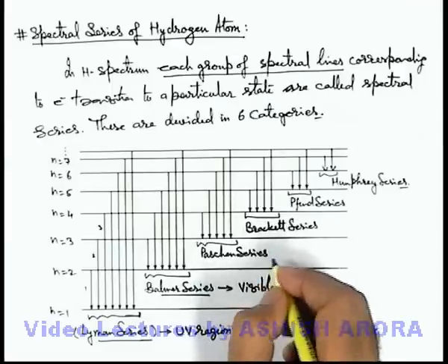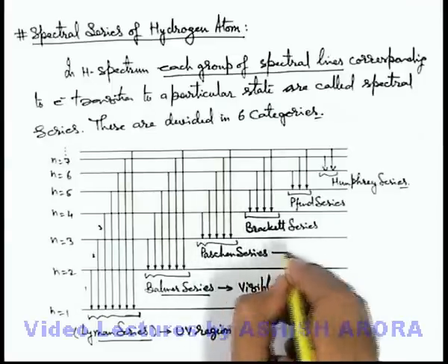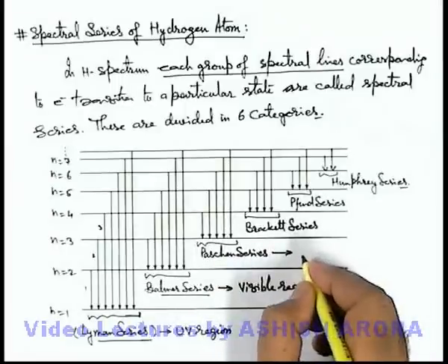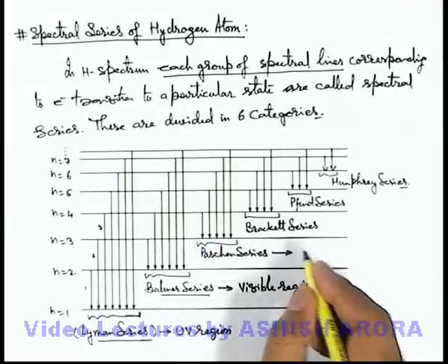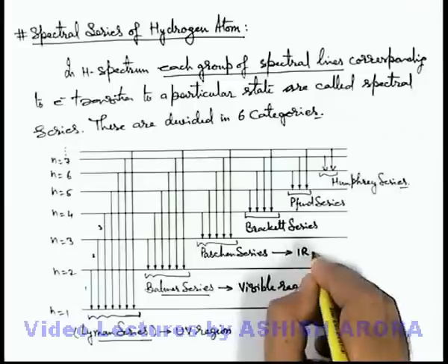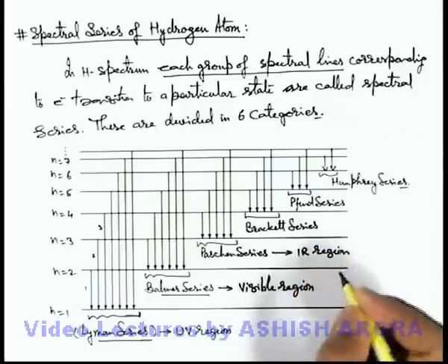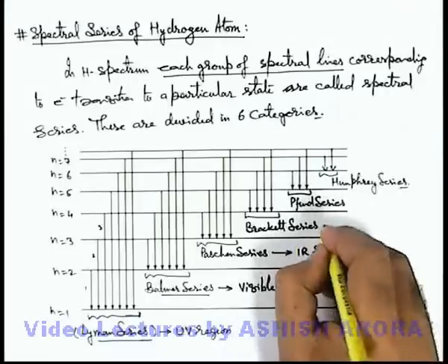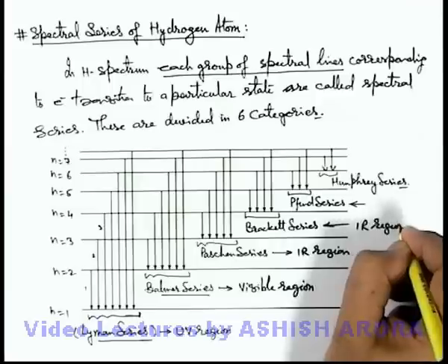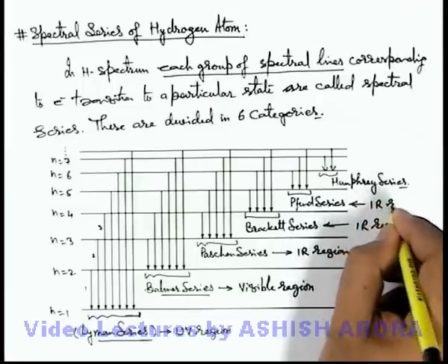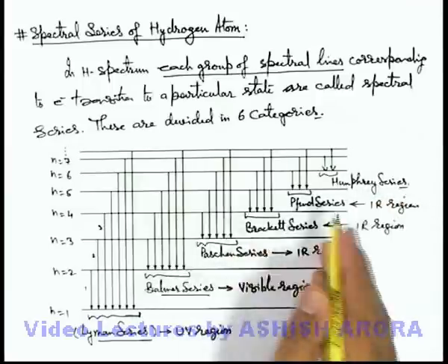And then onward, in Paschen series, the energy level differences for which the photons are emitted during de-excitation of the electron are in the infrared region. And you can say after Paschen series, all these are in the range of infrared region. And these spectral series are almost overlapping with each other.